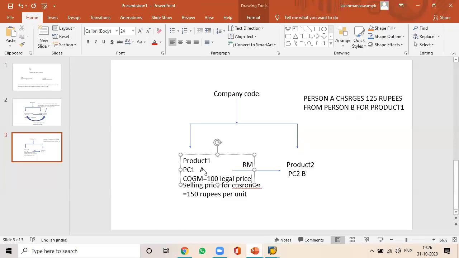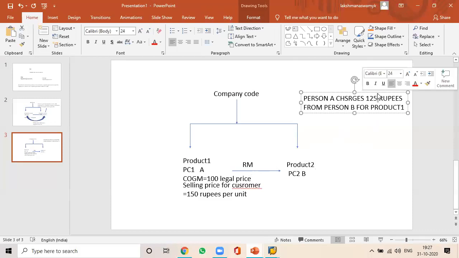So in the profit center 1, the inventory of product 1 is valuated at the cost price, that is 100 rupees. Now, in the product 2, the inventory of raw material product 1 is valuated at markup price, 125 rupees.